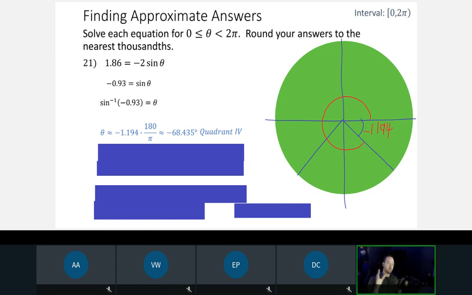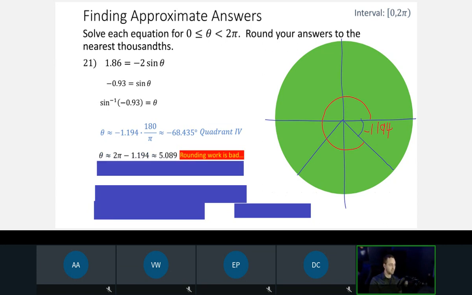So how do I calculate the actual angle that's positive going to that terminal ray? From last unit, add 360 to it. So we do 360 minus that angle's absolute value, or take the negative angle plus 360. It's the same thing.